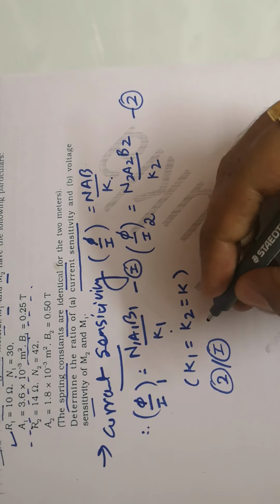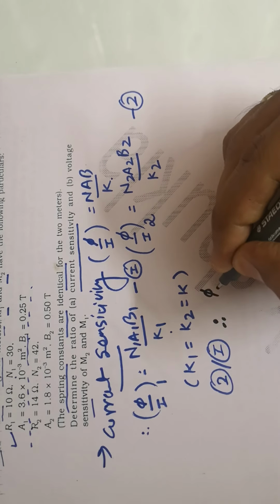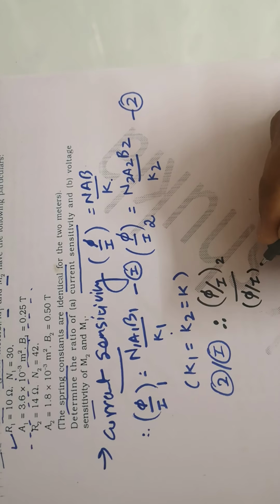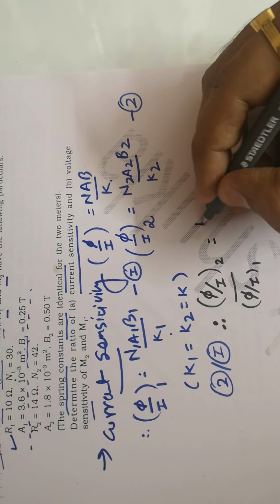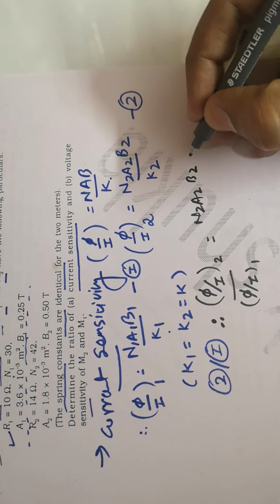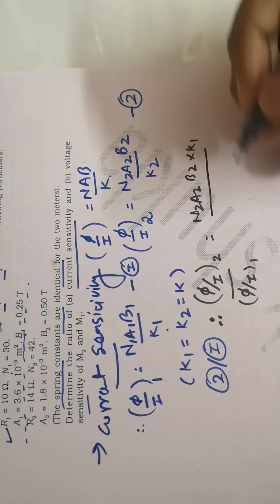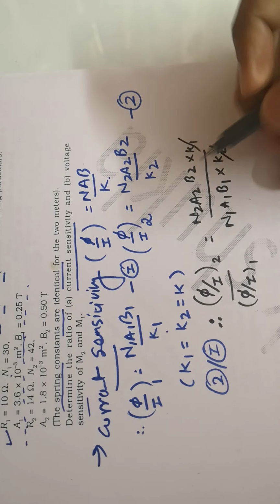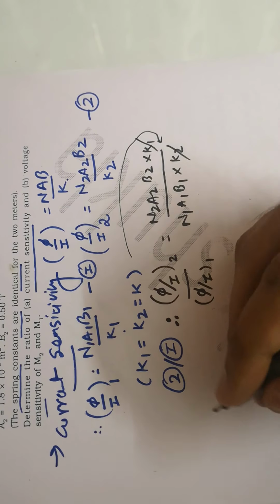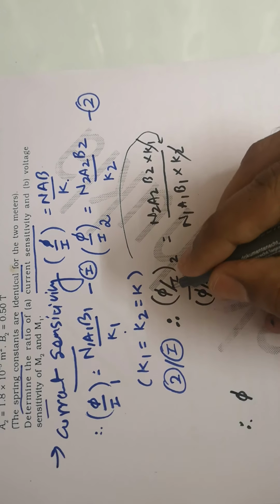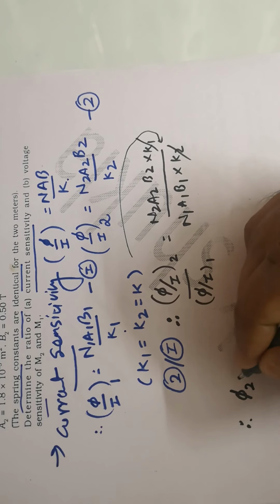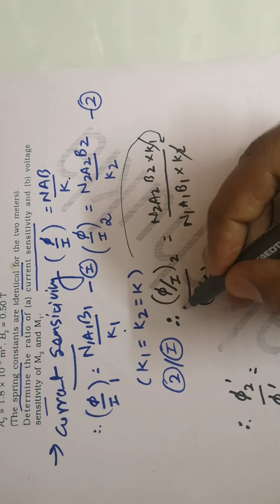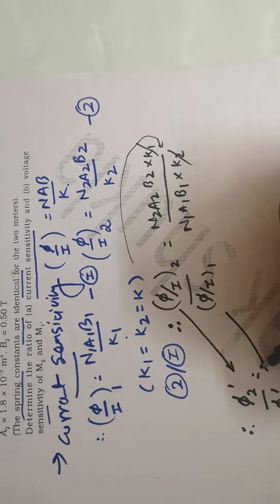My formula will look like phi by I of the second one divided by phi by I of the first one, that is N2 A2 B2 multiplied by K1, over N1 A1 B1 multiplied by K2, but both K are equal. I am naming phi by I of the second as phi 2 dash, and phi by I of the first as phi 1 dash.